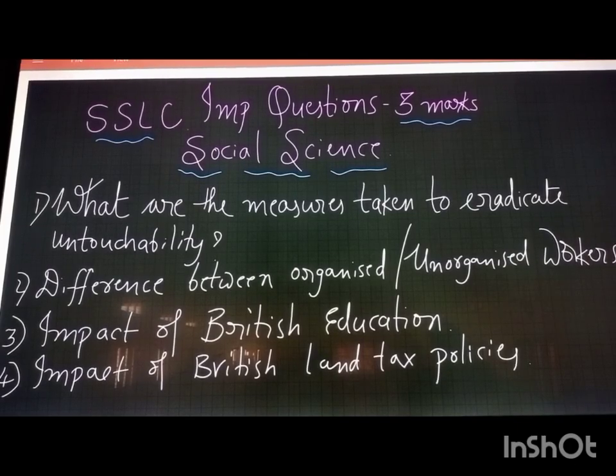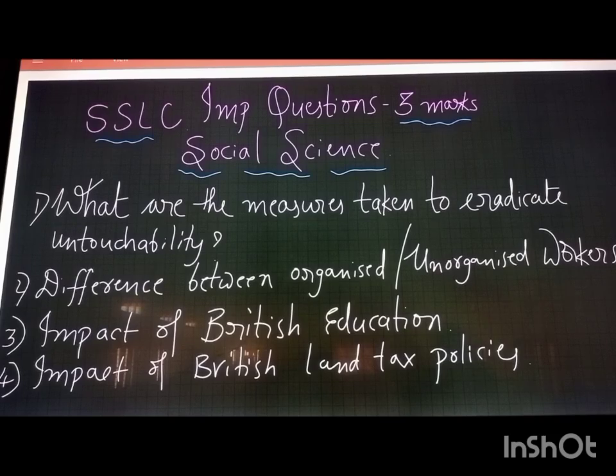For example, the first point will be: Section 17 prohibits untouchability. The second point is, the Untouchability Crime Act has been passed in the year 1955.